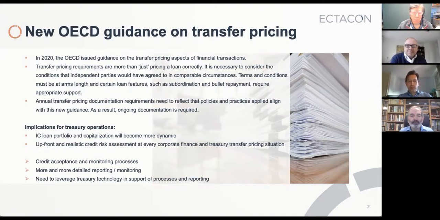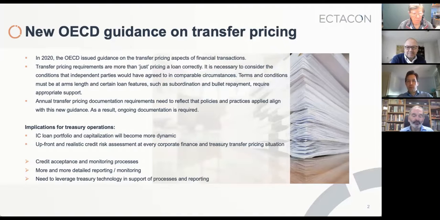And some of the most important elements there is that it's clear that the transfer pricing requirements are more than just pricing alone. You need to consider whether the terms and conditions you're agreeing are similar to what independent parties would have agreed to.